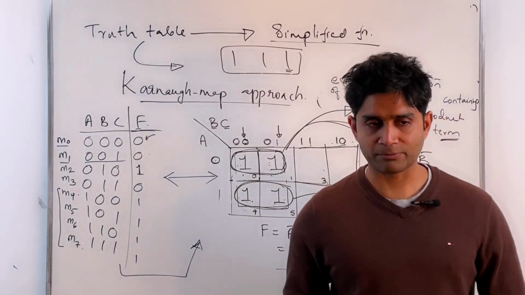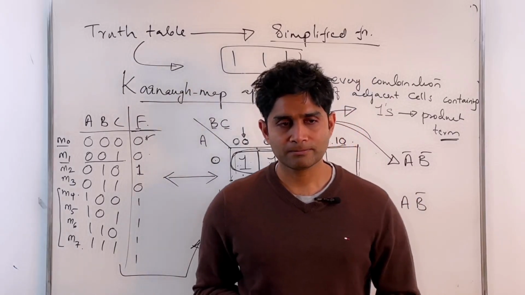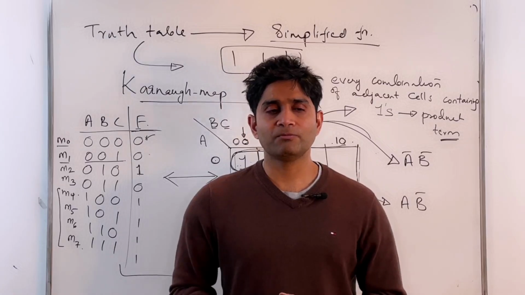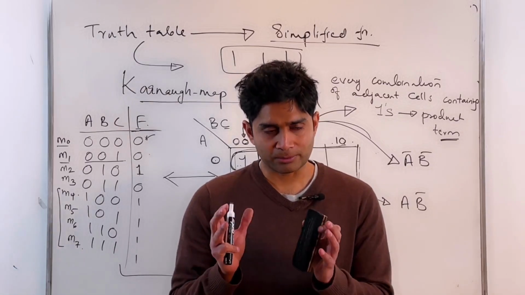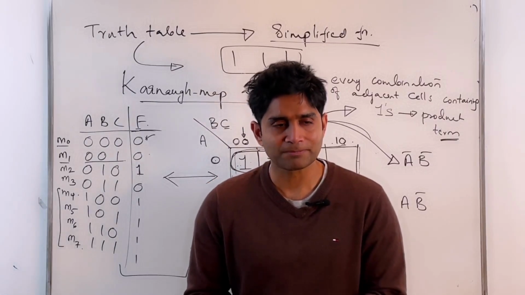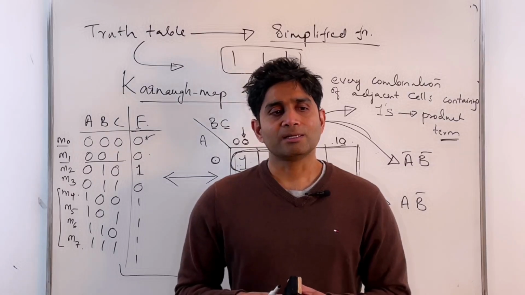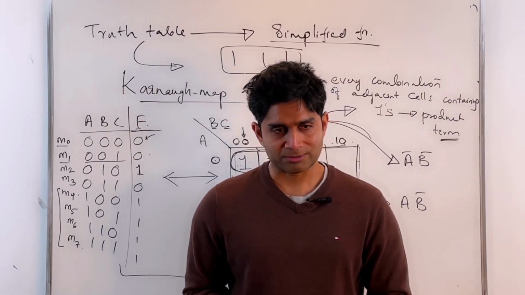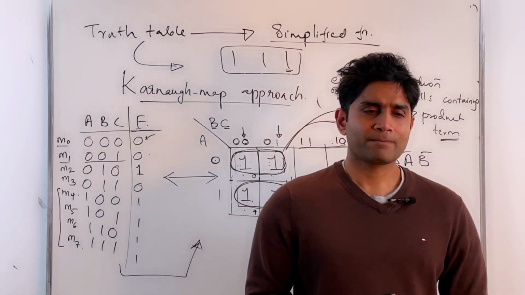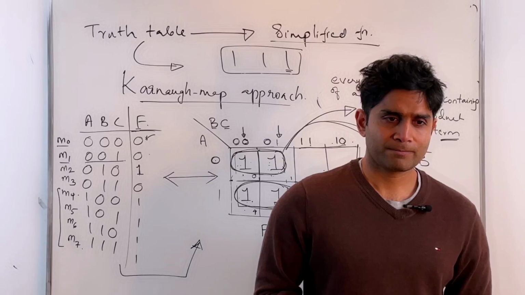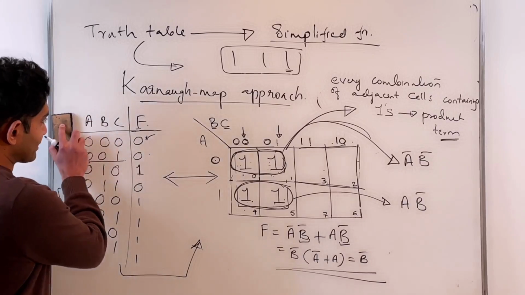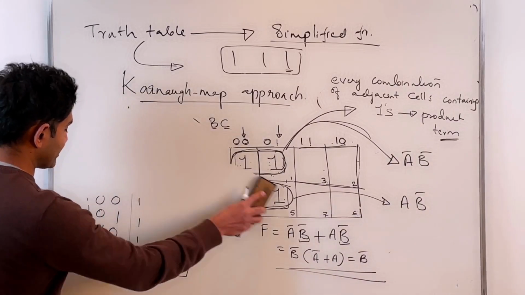Any questions before we move forward? And as you can see, if you make sure that your combinations are the largest possible combinations, you would always end up with the simplest form. No questions about that? Okay, if you don't have any questions, let me just summarize what we have done, and then we'll take some examples now.